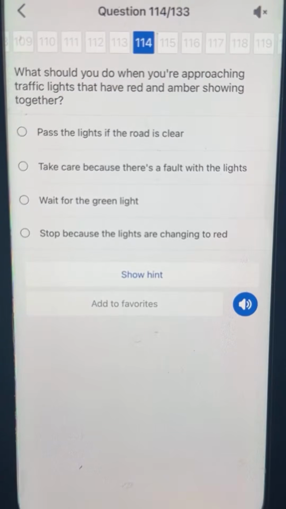Yeah, red and amber, what does it mean, guys? It means wait for the green, don't go anywhere. You should keep waiting for the green, or don't go until the green light shows.